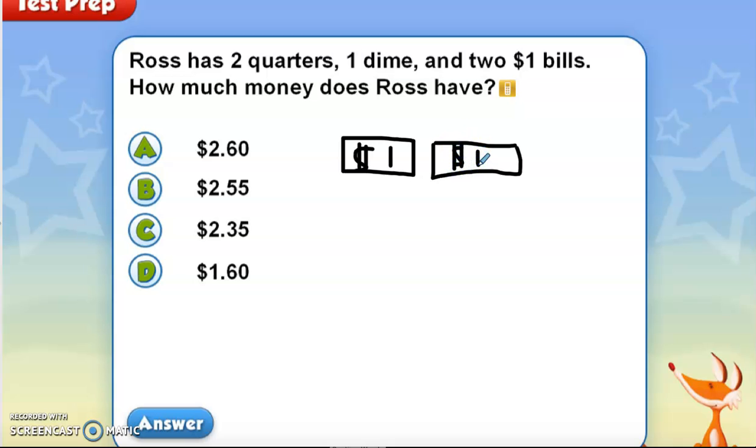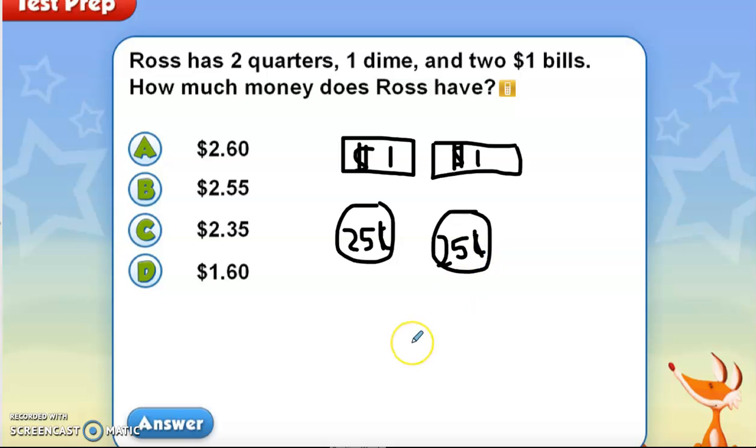Okay? Then it says he has 2 quarters. So I'm going to make my 2 quarters, each 25 cents. Okay? And then he also has 1 dime, which is 10 cents.